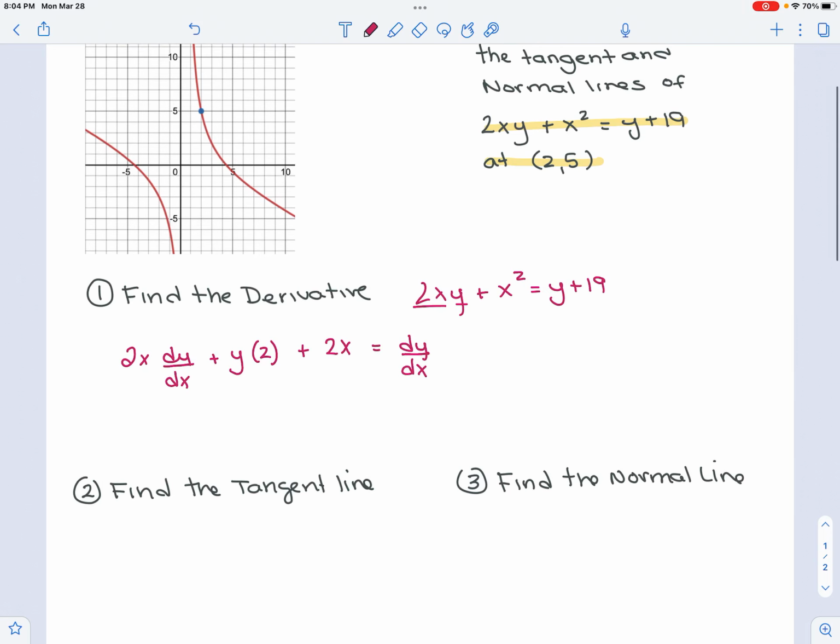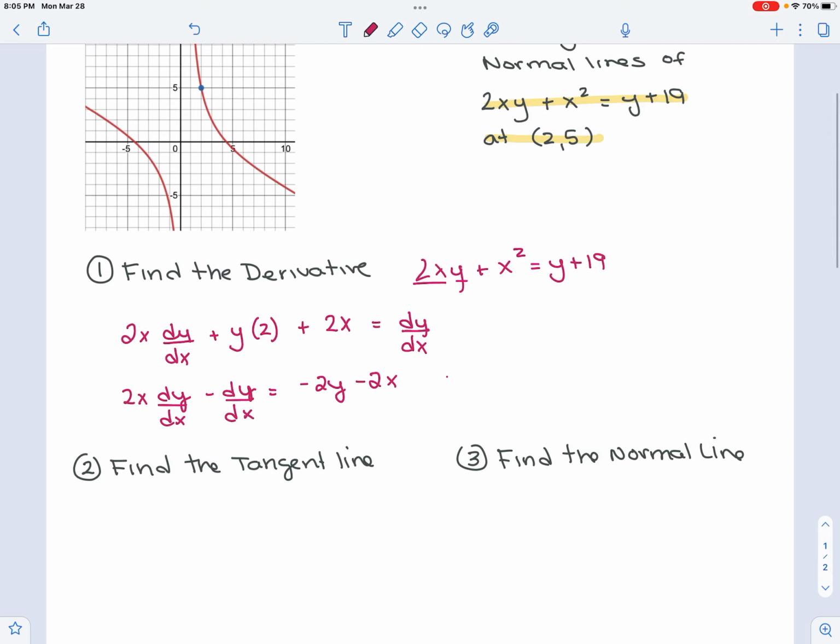Okay, so once I have this, I'm going to bring my dy/dx terms to one side. And I'll subtract this one from the right-hand side there. And then I'll bring the 2y over and the 2x over. Okay, and then I'll just move this up here. So then I'm going to factor out a dy/dx.